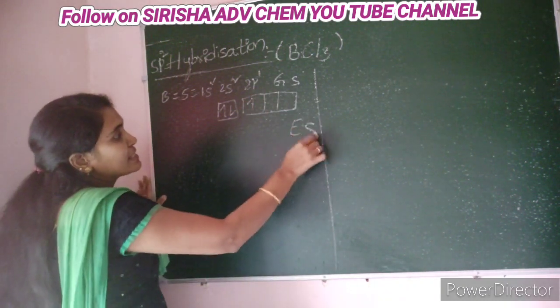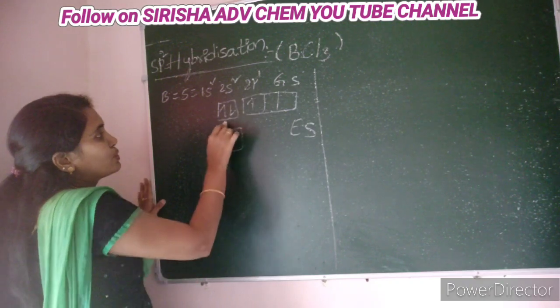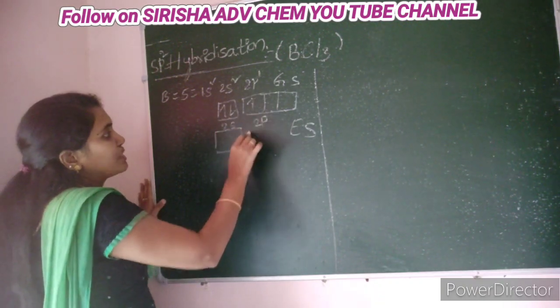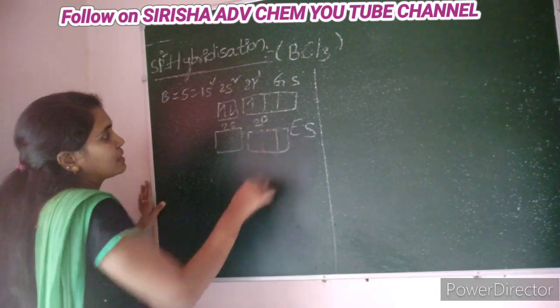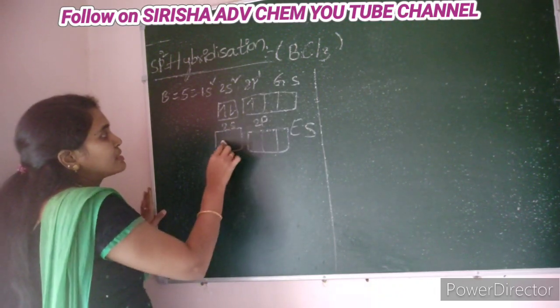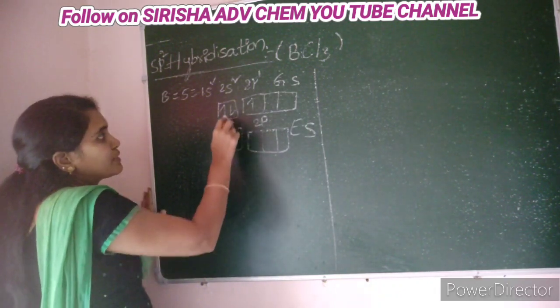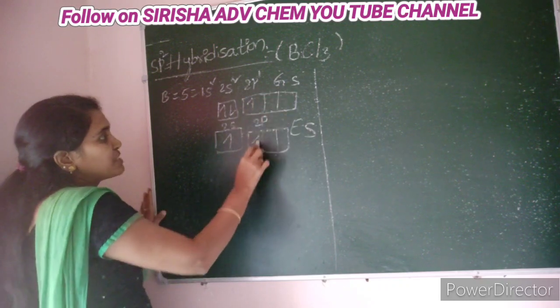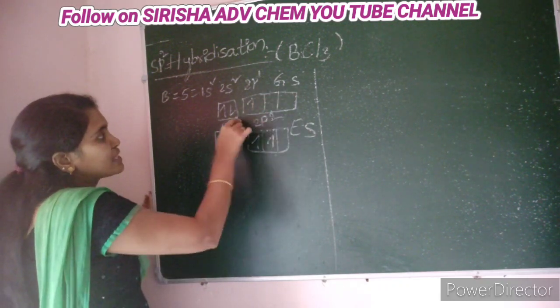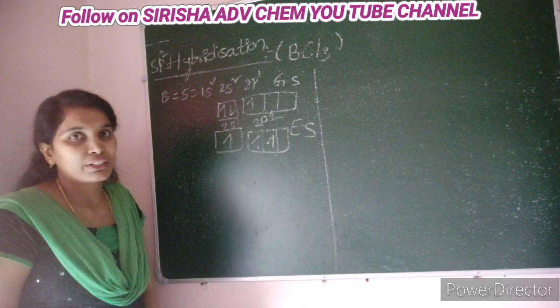Then we'll see the excited state now. 2s, 2p. Here s has 2 electrons. From here to here 1 electron jumps, meaning the p orbital has 2 electrons and the s orbital has 1 electron.